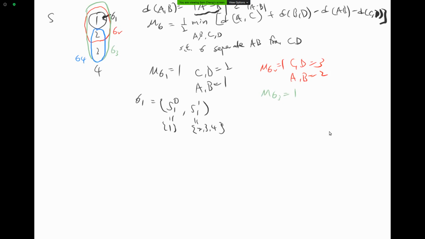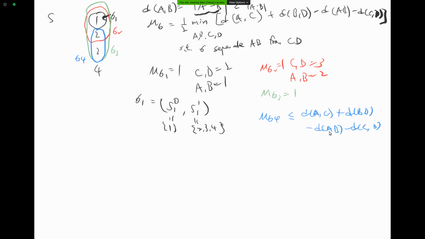So for sigma 4, I can pick mu sigma 4. Actually, I can just pick some A, B, C, D here, where it is less than or equal to DAC plus DBD minus DAB minus DCD.